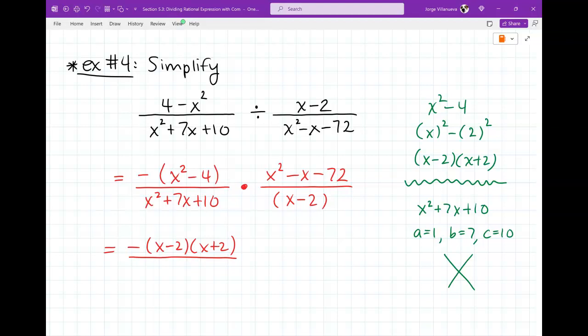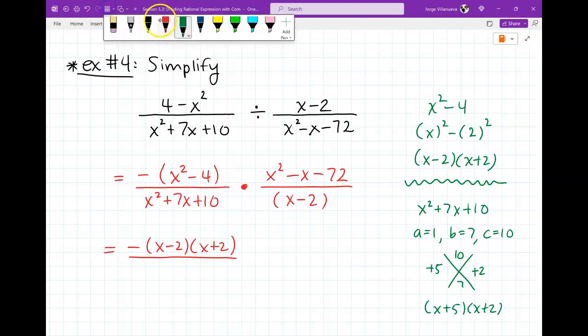So 1 times 10 is 10, and b is 7. So 2 numbers that multiply to 10 that add up to 7. 5 and 2, right? Positive 5, positive 2, positive 2, positive 5, doesn't matter, either order. So this would be x plus 5, x plus 2. I'm going to write that down right here.